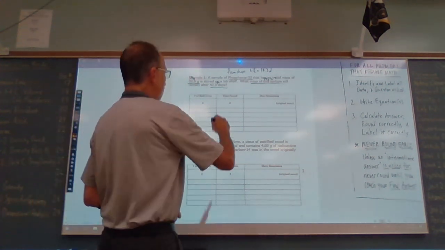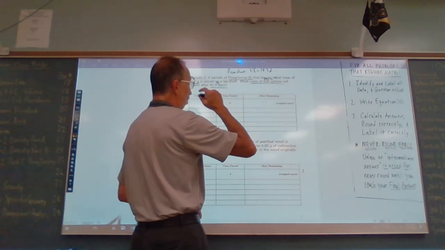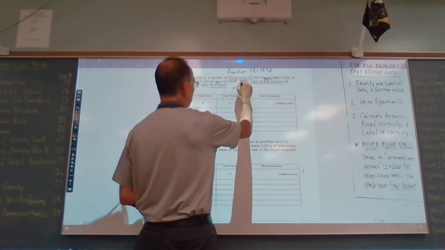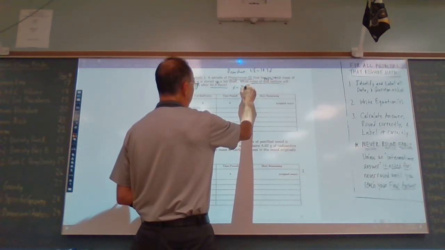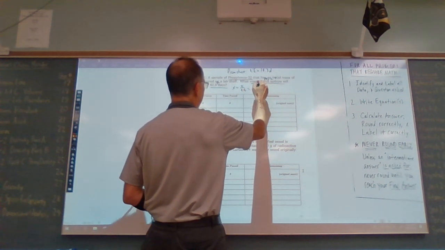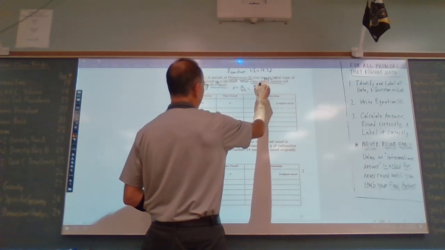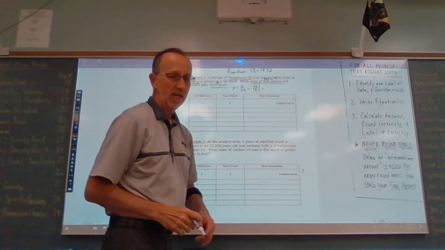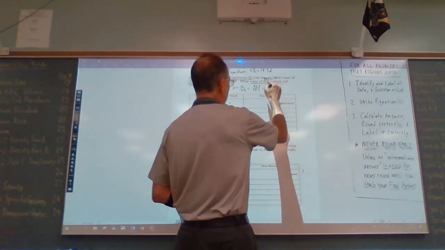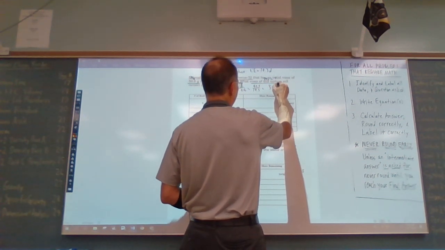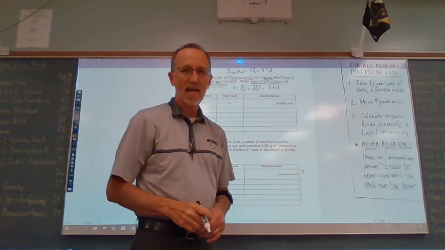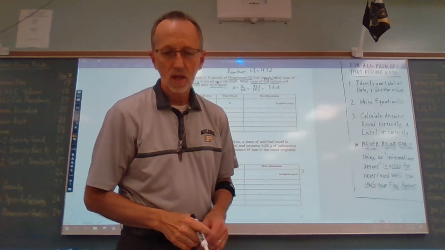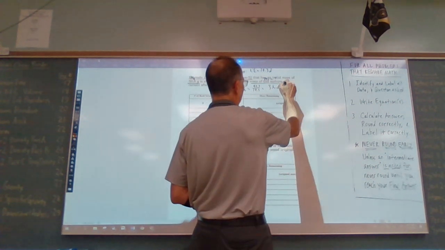All right, so let's use our little equation here to see if we have a whole number of half-lives. So X equals T over T to the 1/2. So T is 42.9, T to the 1/2 is 14.3. And when you divide that, you get 3 half-lives, which is a whole number.